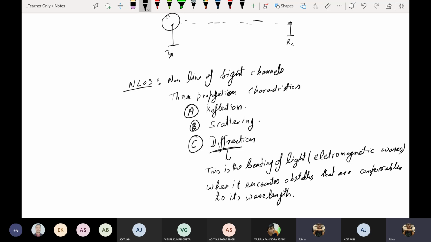If we remember correctly, this is what we define diffraction as, right?